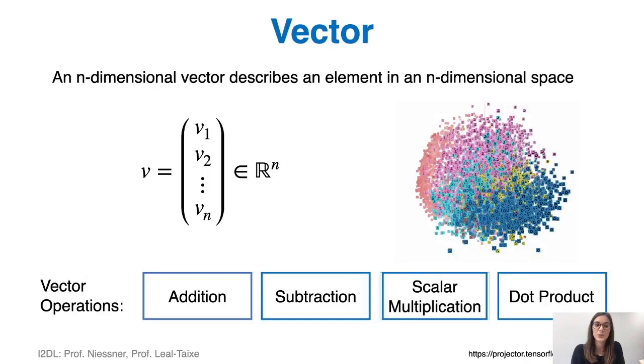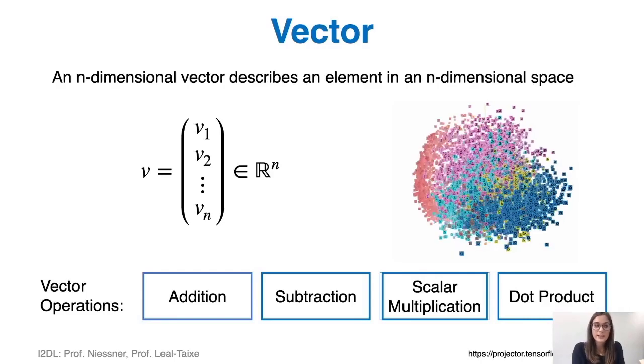Okay, so vectors, let's have a look at that. As I said, a vector is an element in an n-dimensional space. In our case, we look at the space Rn. And you can just denote it by a tuple with n elements, given by v1, v2, up to vn.